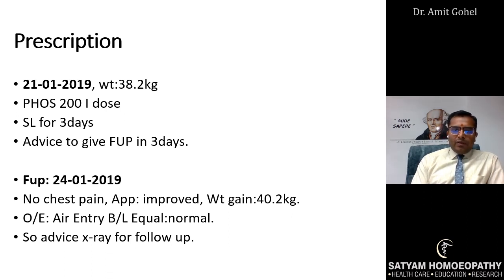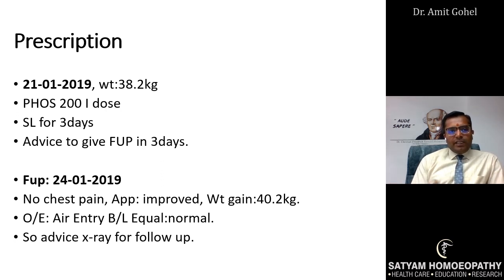She came to me on 24th of Jan. There is no chest pain, appetite was improved, and to my surprise, the weight had come up, from 38.2 kg to 40.2 kg. This suggests that something is happening in our body, and the body is improving. On examination, the bilateral air entry was normal.